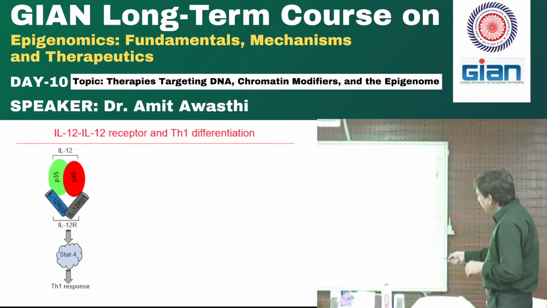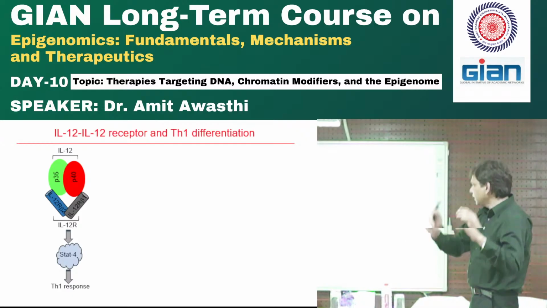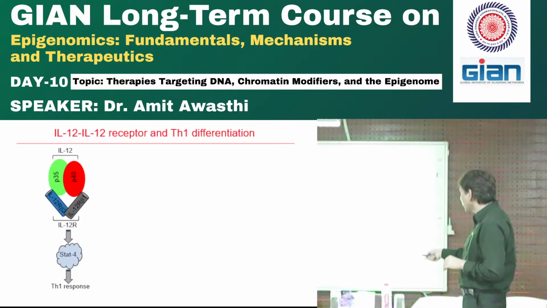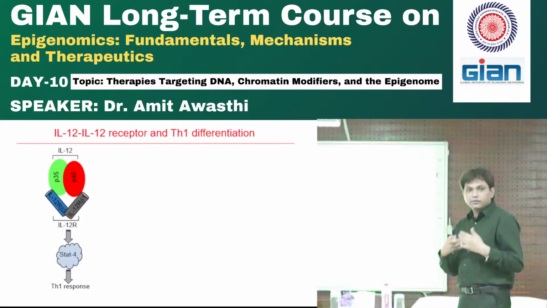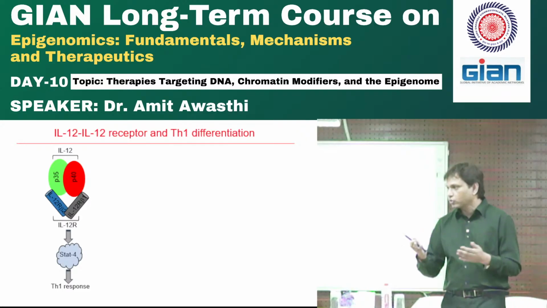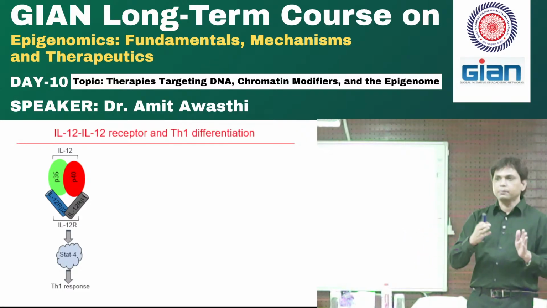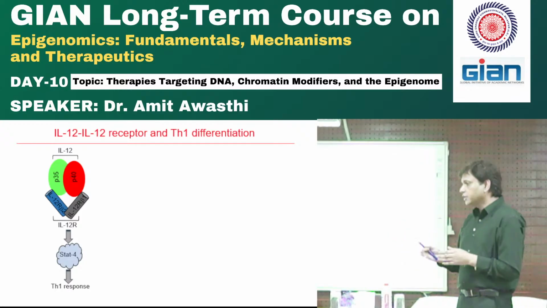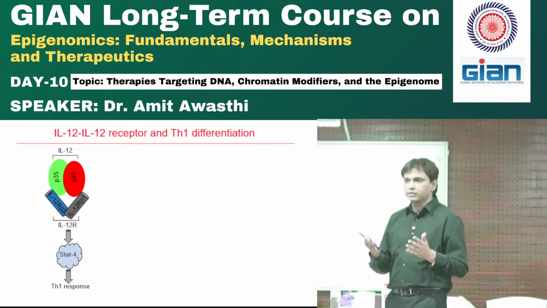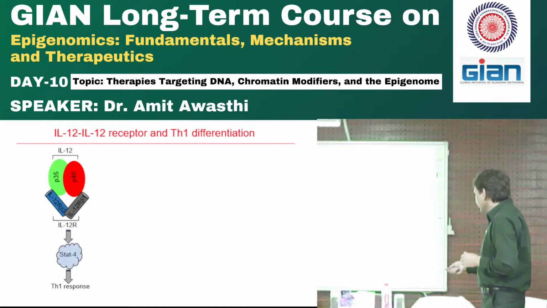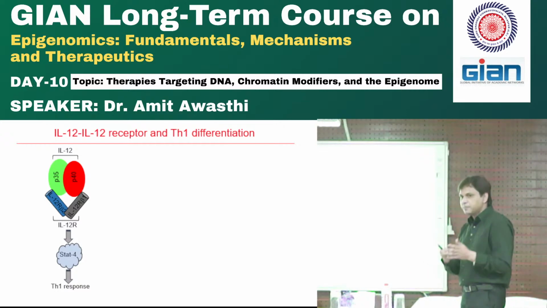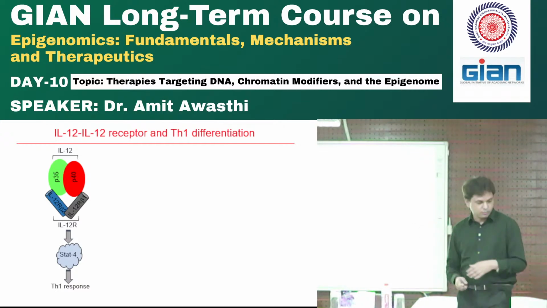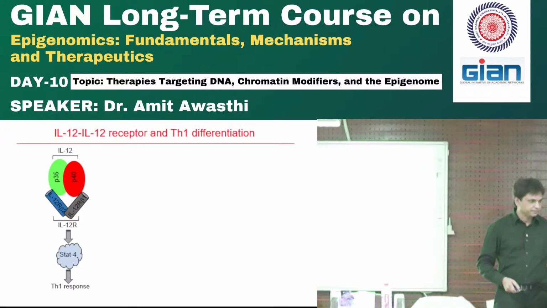When the T cells are activated by two signals, and then the third signal is this cytokine, it activates this transcription program called STAT4. Each of these different T helper cells has a different STAT: STAT4 for Th1, STAT6 for Th2, and STAT3 for Th17. And then STAT4 induces T-bet, which I told you about, and induces more Th1 cells.